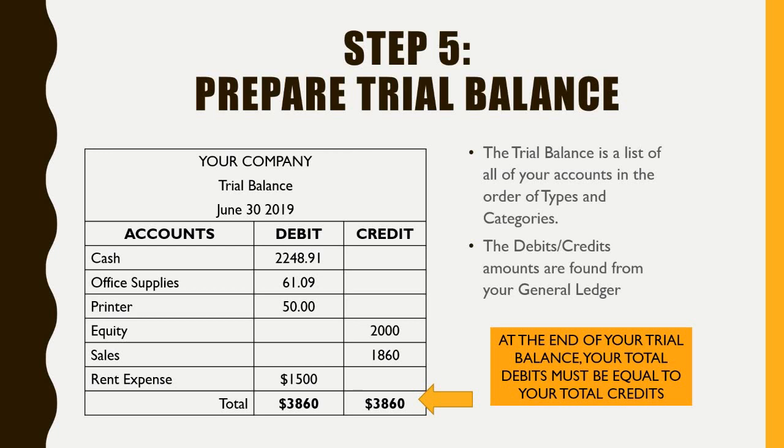So the trial balance is another list of every single account that exists, but this time I'm actually going to compare all my normal debit balances to all of my credit balances. And at the end of the day, this must hold true. Your debits must equal all of your credits.